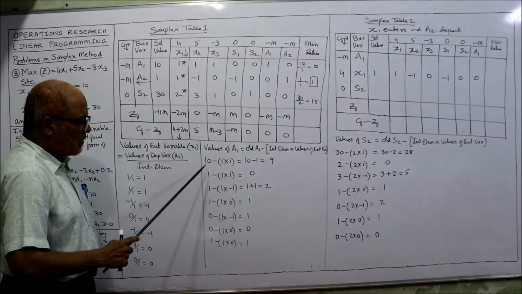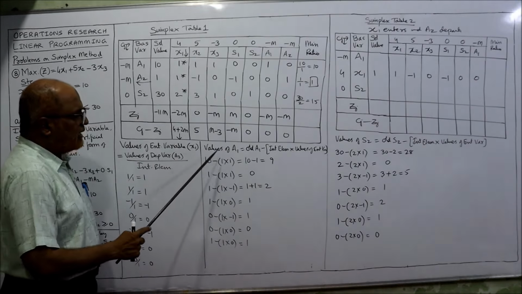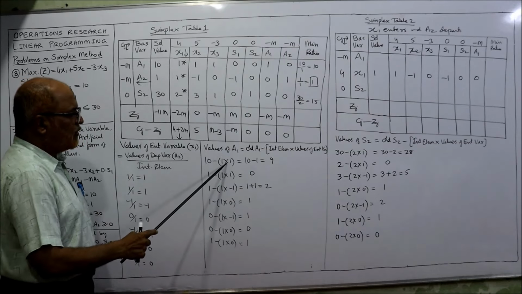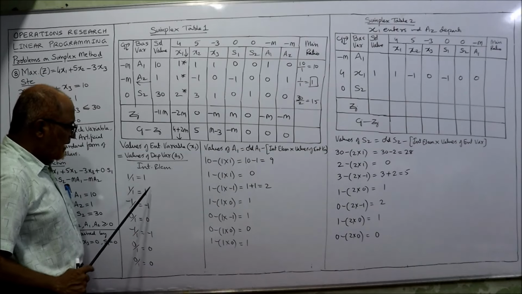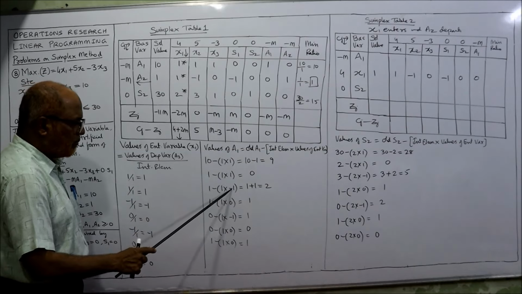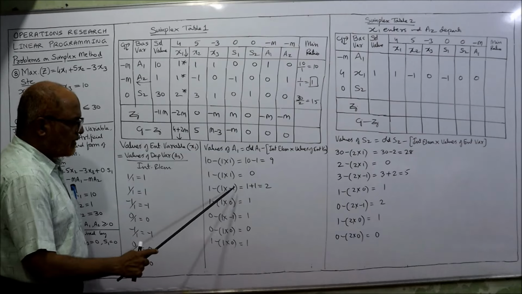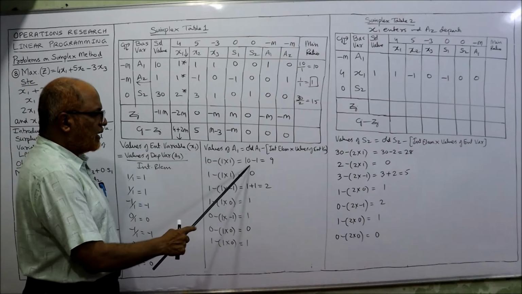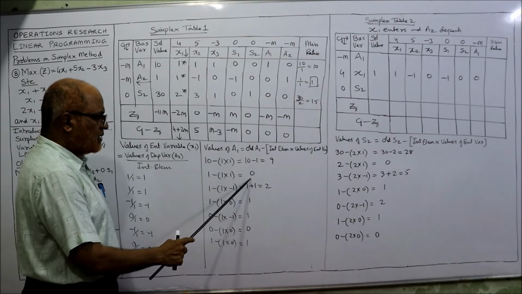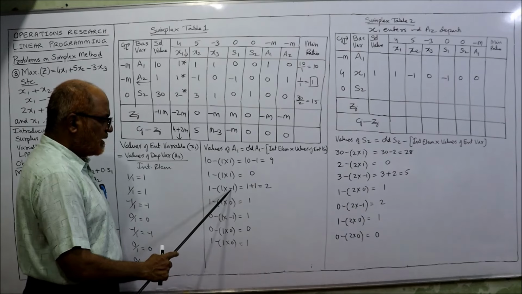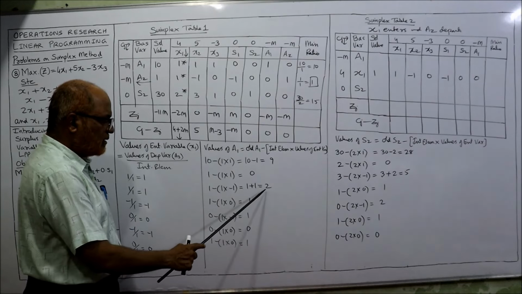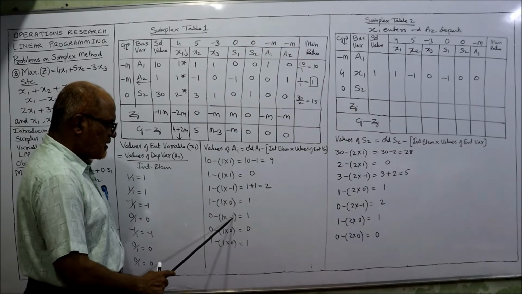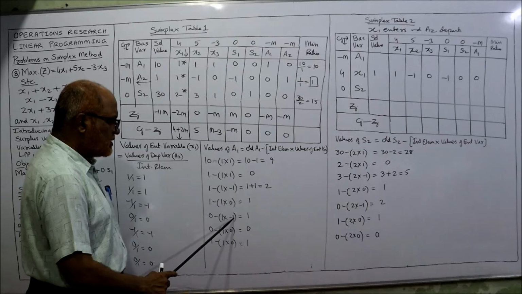Minus intersectional element of A1, which is 1, into values of the entering variable 1, 1, minus 1, 0, minus 1, 0, 0. So 10 minus 1 is 9. 1 minus 1, 0. 1 minus into minus will become plus, so 1 plus 1, 2. 1 minus 0, 1. 0 minus into minus will become plus, 1 into 1 is 1.